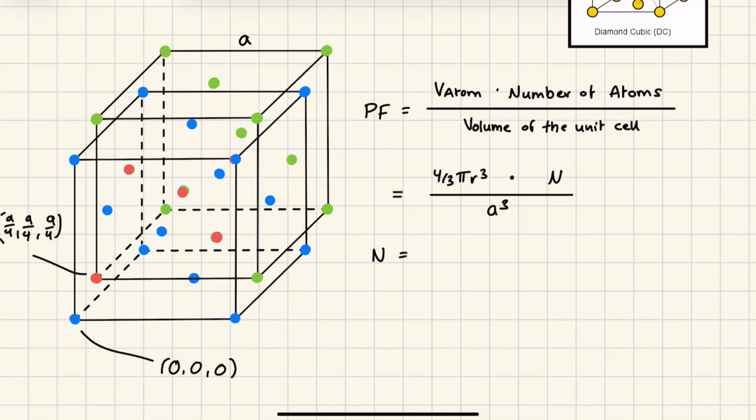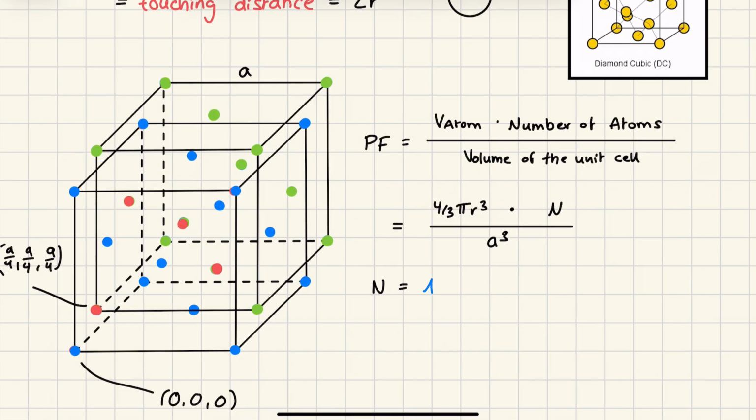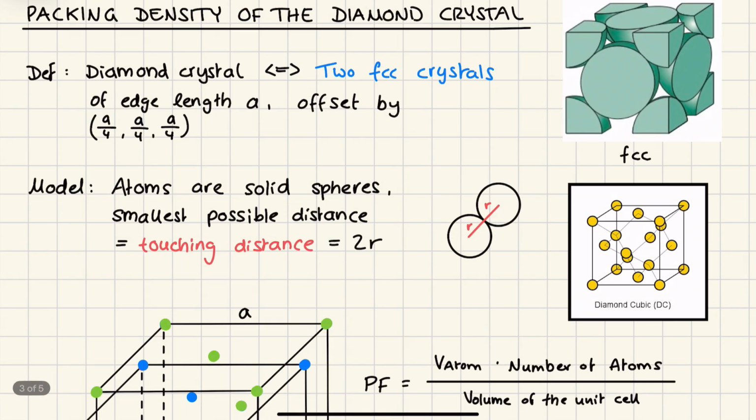Our initial blue FCC crystal has an atom in each corner, but those corner atoms contribute only 1/8 of the atomic volume each. So we have 8 of those times 1/8, which is 1. Then we have in this FCC unit cell 1/2 of an atom in each of the cube's faces.